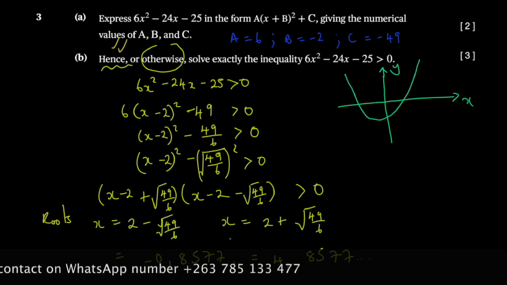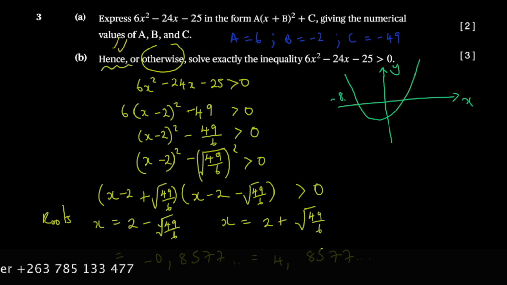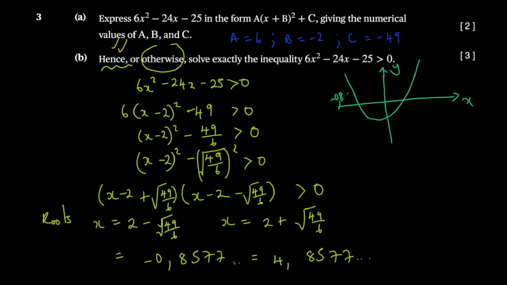So you have one of the roots, you put it here, negative 0.86, or you can say negative 0.858. And then this one here would be 4.858, like this. Afterwards, what you do now is ascertain where my function is greater than 0.